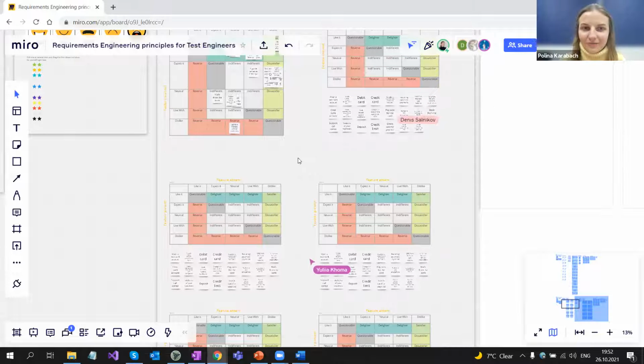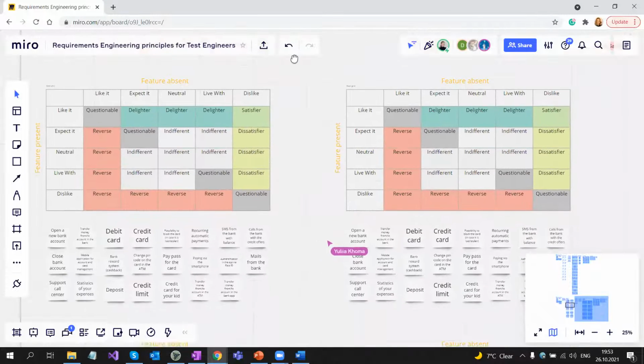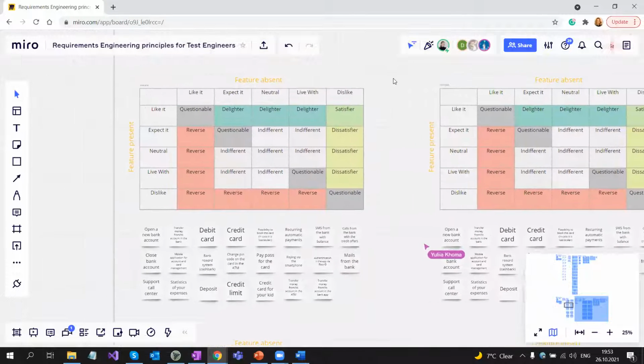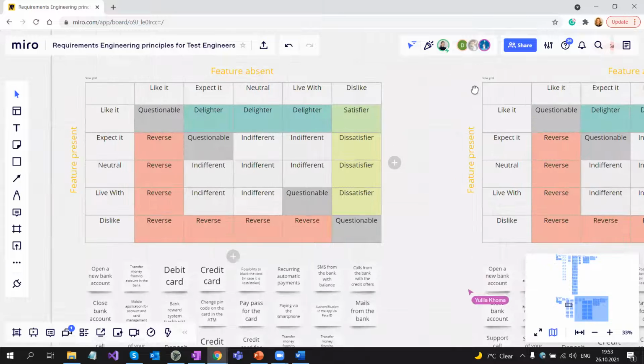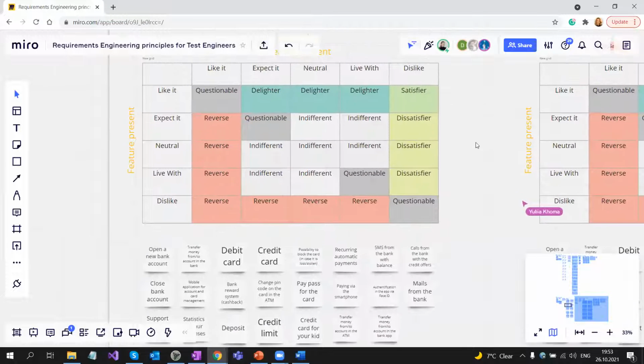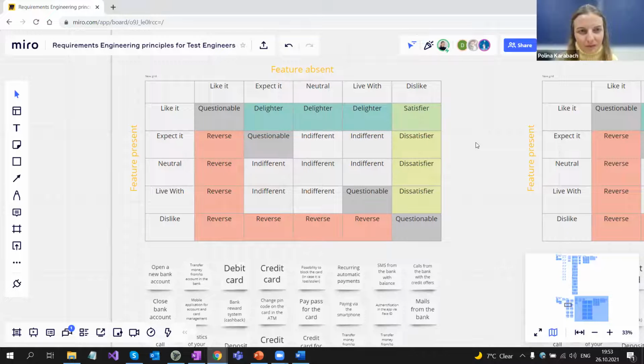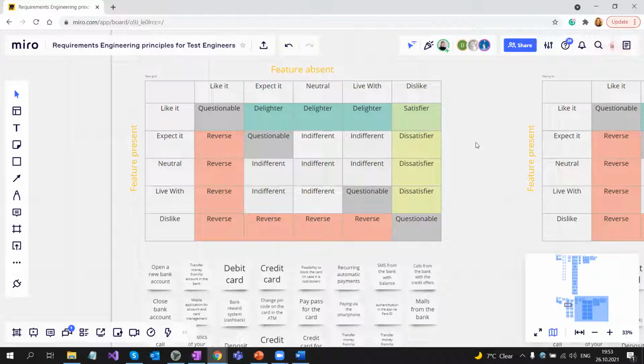Yes, yes. Okay, if we talk about a bank application, is the feature of opening a new bank account something you would like or expect, if this feature is present? Yeah, if it's present, I would probably expect it. And if it's absent? I would dislike it.